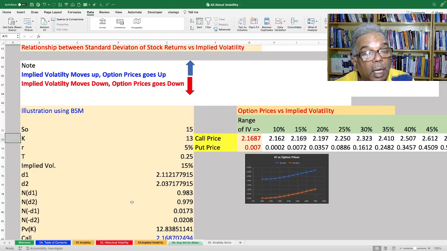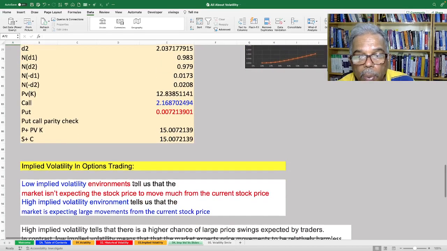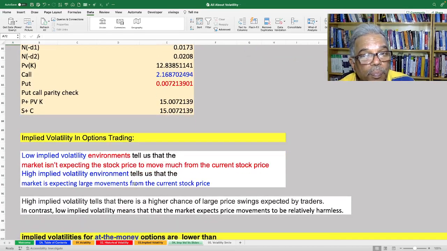Let's say that currently the implied volatility is very high and the option premium is high. You sell the option, then you expect the stock to cool down and the implied volatility to go down. Then you can buy back the option. So implied volatility can be used in stock options trading.